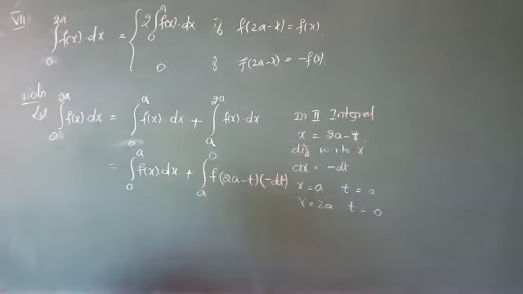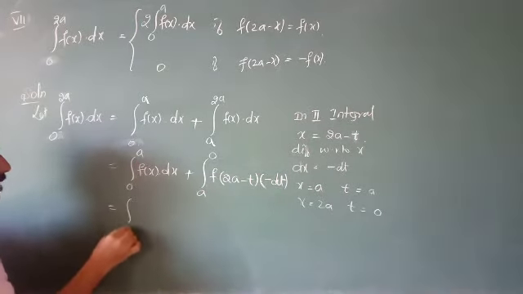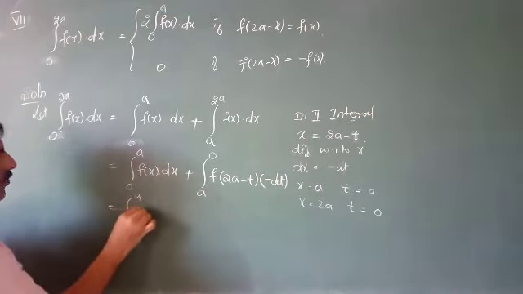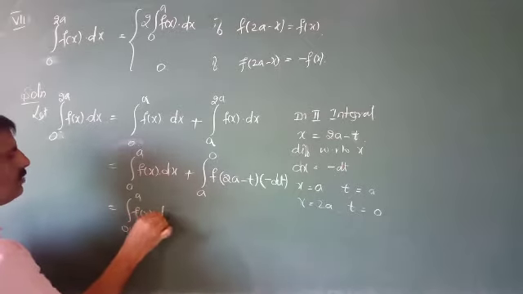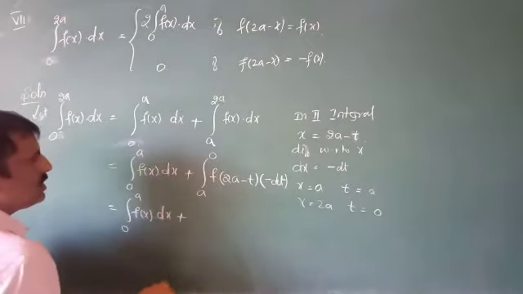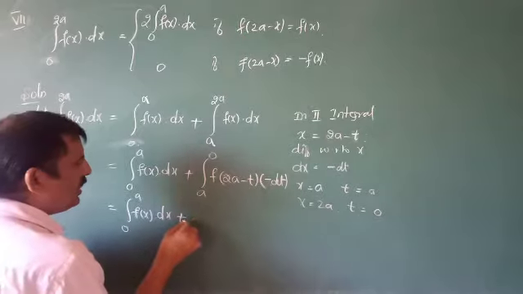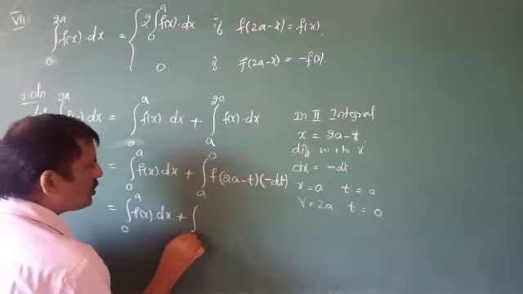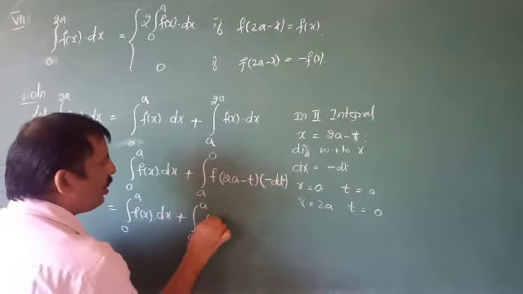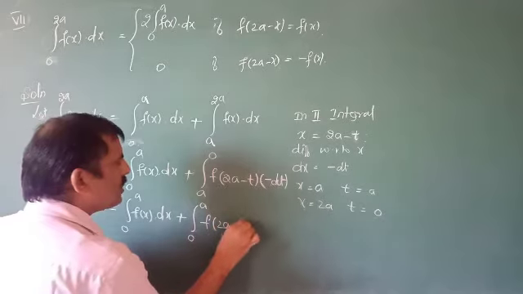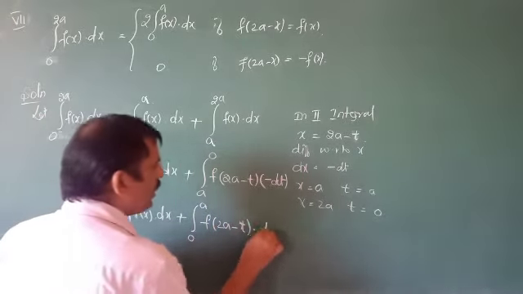Understood? Now it is equal to the integral of 0 to a of f of x dx plus the integral of minus dt, so it is equal to the integral of 0 to a of f of 2a minus t dt.